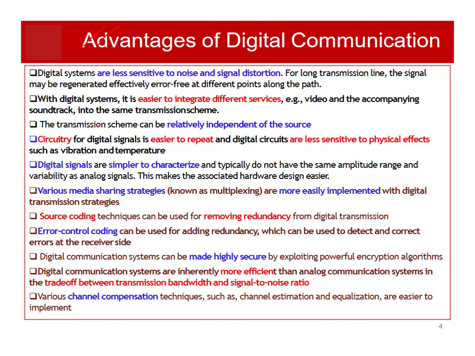This is one very important advantage of digital over analog signals. Also, you can use techniques like source coding to remove redundancy. Another very significant thing is that the circuitry we use for digital signals is much easier to repeat and reconstruct.